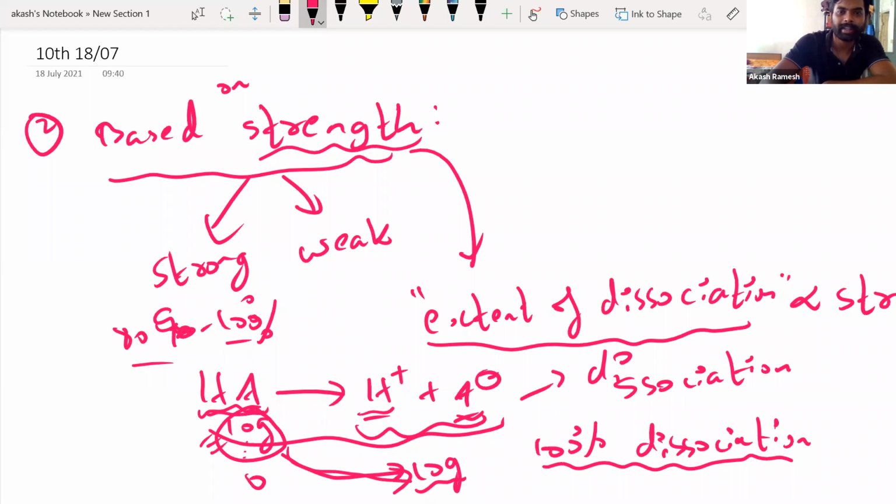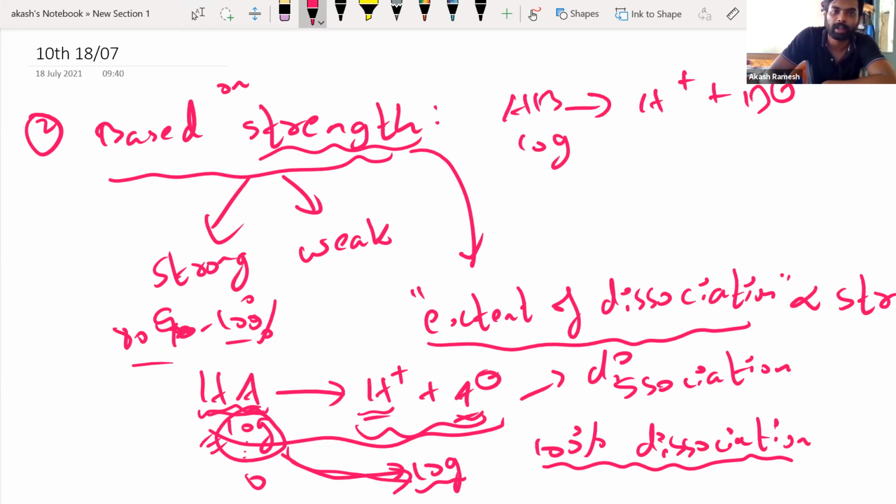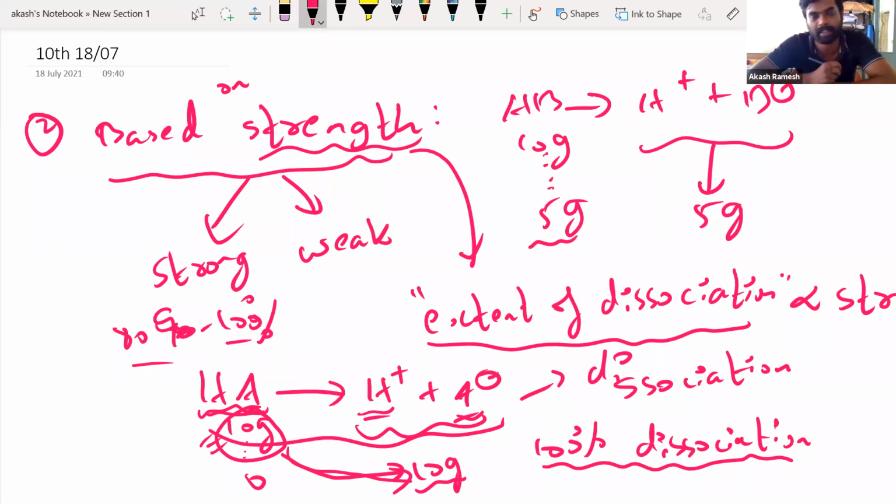But say I take some other acid, HB, which again forms H plus and B minus. Now I take 10 grams. After the reaction is over, what I see is that 5 grams of this acid is still remaining, and obviously the rest 5 grams has converted into H plus and B minus.